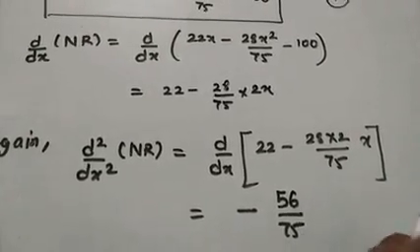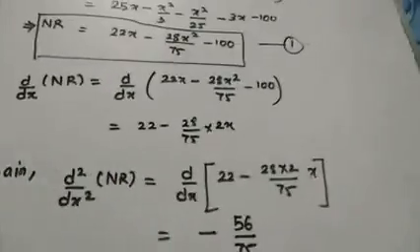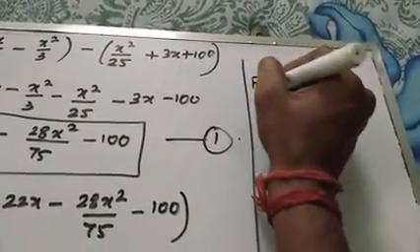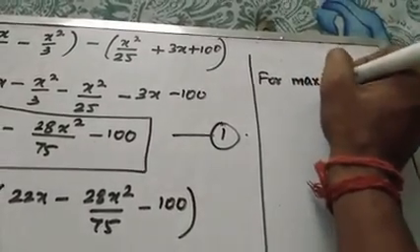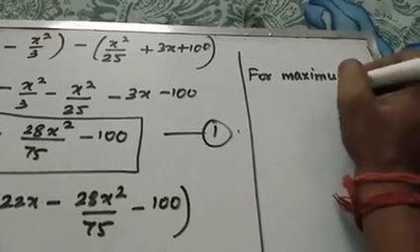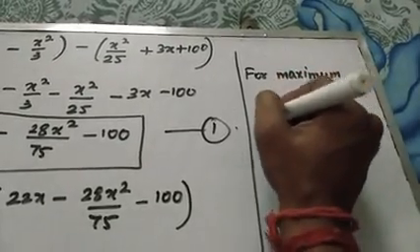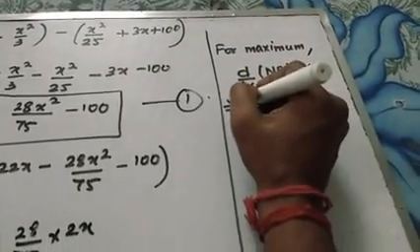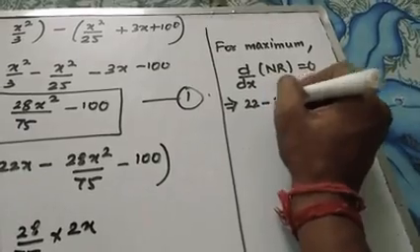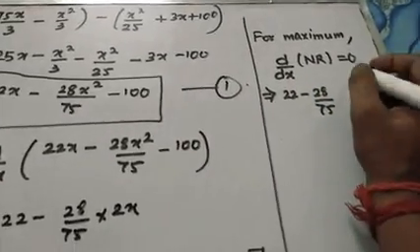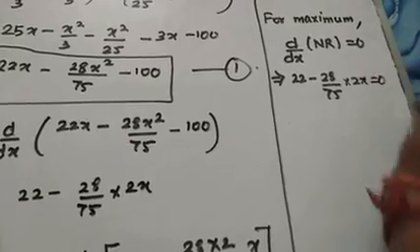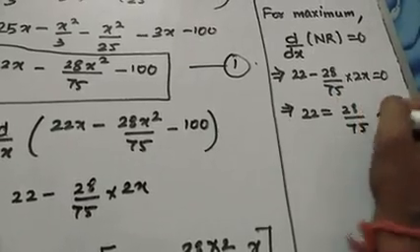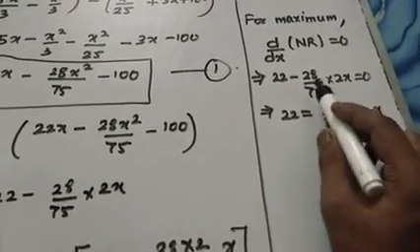Now for maximum value we have to equate first order derivative equals to 0. So let's do that. For maximum, d/dx of NR equals to 0. That is 22 minus 28 by 75 into 2x equals to 0. That means 22 equals to 28 by 75 into 2x, taking minus part to that side.